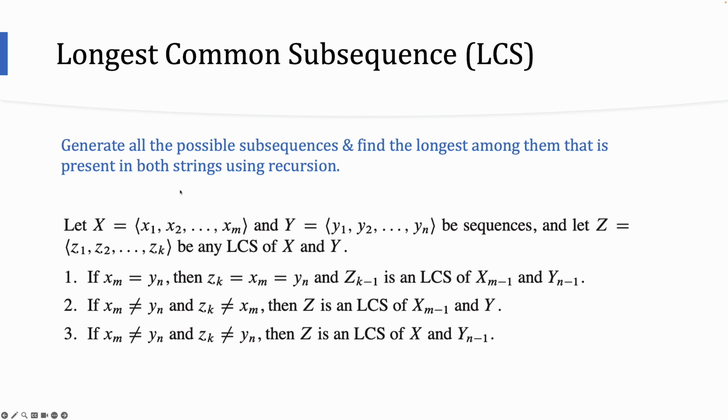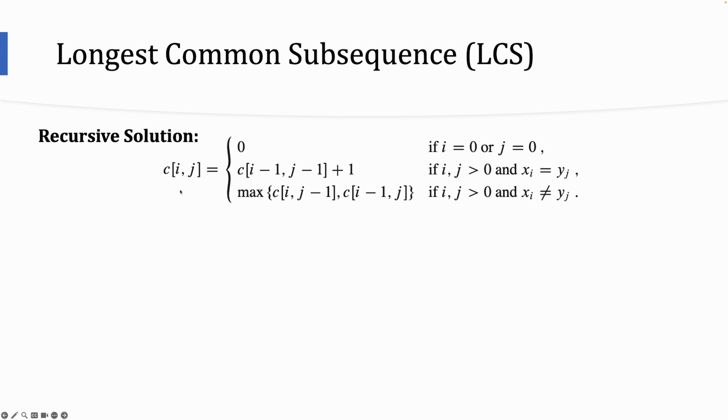So now what we want to do is, okay, we already have our brute force recursive solution to solve this problem. And here's the formula. First of all, let me define, we have to reformulate things a little bit to make it easier.